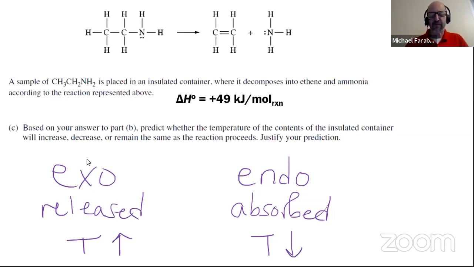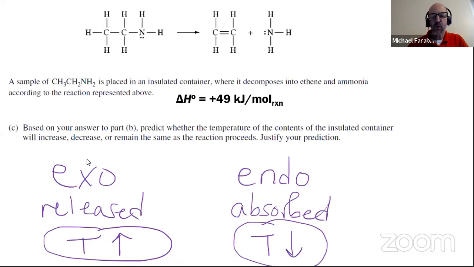Now, I know that you're thinking, but when you put a pot of water on the stove, aren't you adding heat? Isn't that an endothermic process? This happens all by itself. There's no hot plate, there's no stove, there's no Bunsen burner. If you just mix chemicals together and heat is released, then it's going to get hotter. If you just mix chemicals together and they react and heat is absorbed, then the temperature will show a decrease.